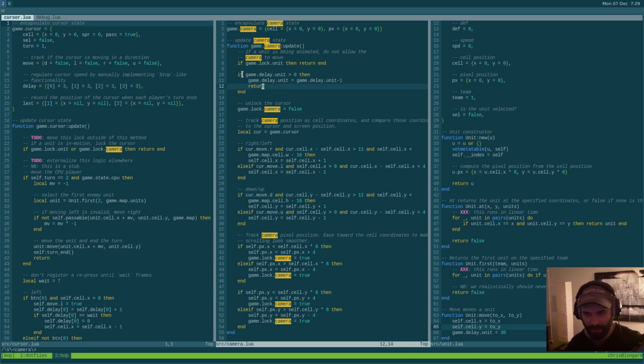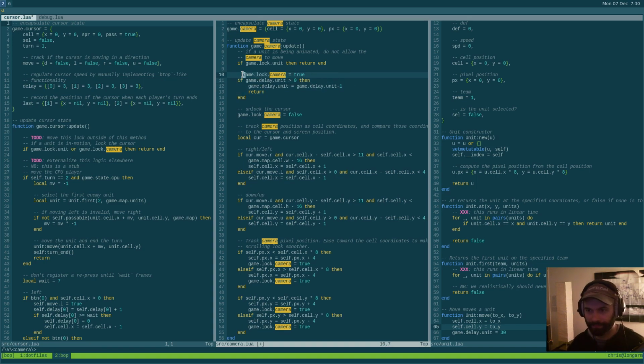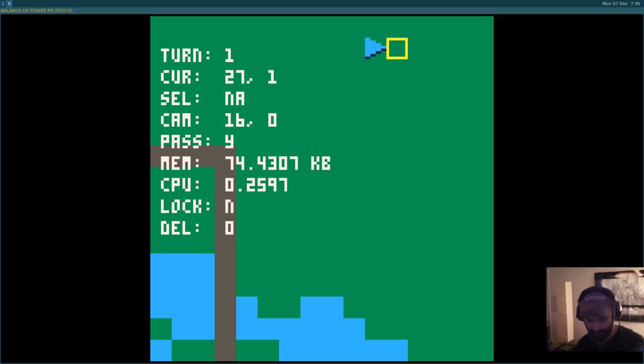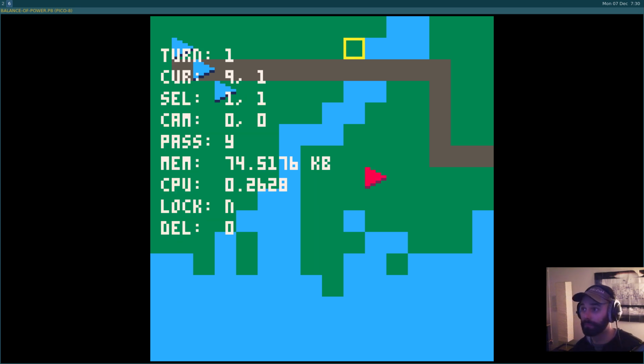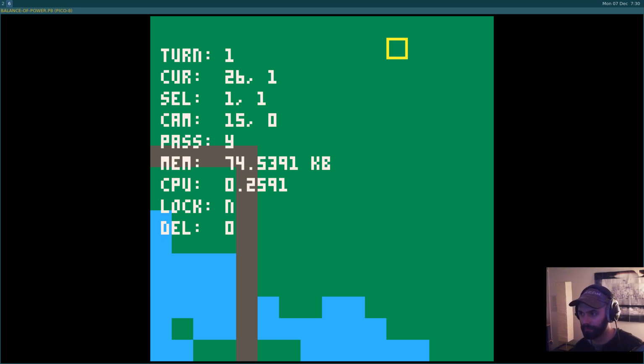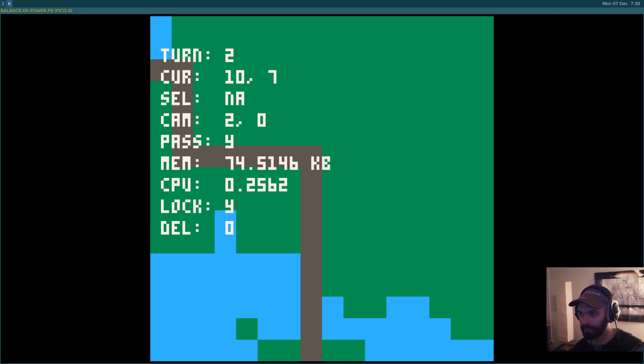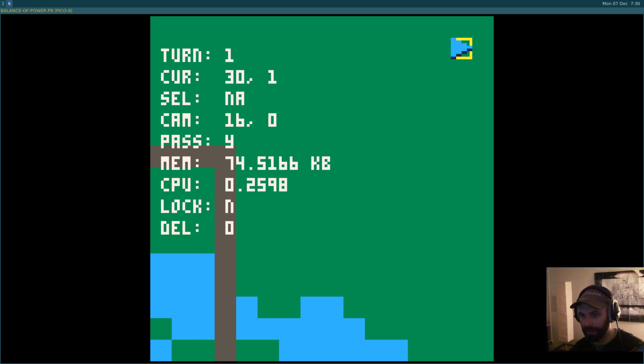So if we set it here, we assume the camera is locked. And if and only if we make it through this loop, we unlock it. See what that does. Yeah, okay. There we go.